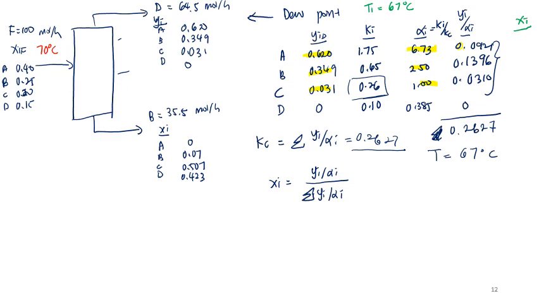So if you do that, you can get the numbers 0.351, 0.531, 0.118, and 0 for D, and make sure this all adds up to 1 as the mole fraction. So this is how you calculate the dew point of the distillate by using the composition that you estimated earlier.